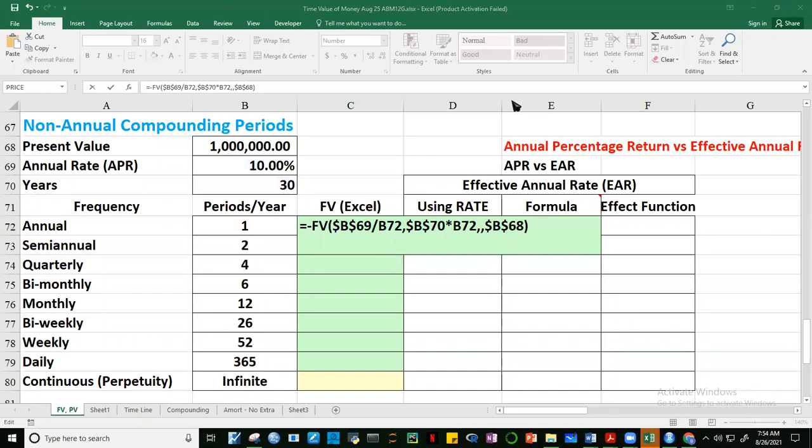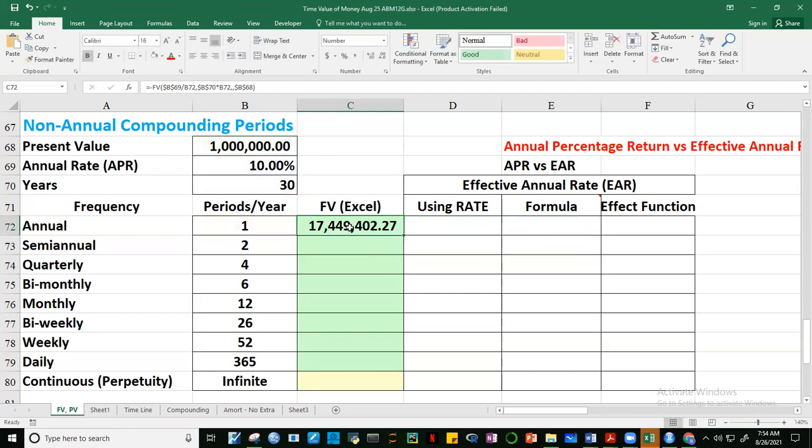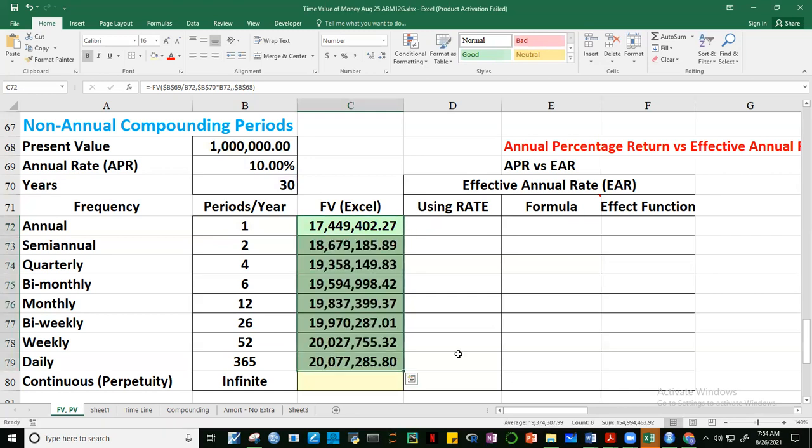Okay. So, Khalil, B69, B70. Iba naman yung formula ni Khalil, no? Okay, tingnan natin Khalil, tapusin ko lang tong pag-discuss kay Robert. Okay, so B68. If we run this formula, 17449, and then we try to copy down. All right. So mukhang tama naman, no?